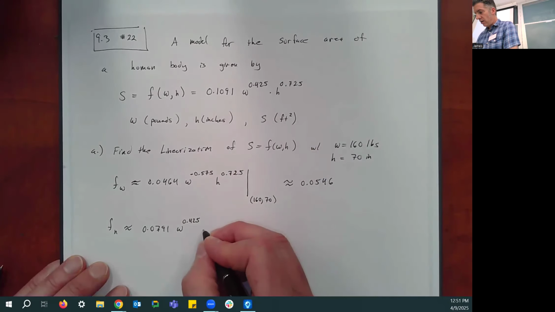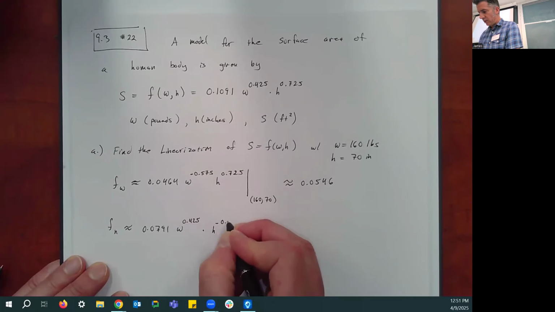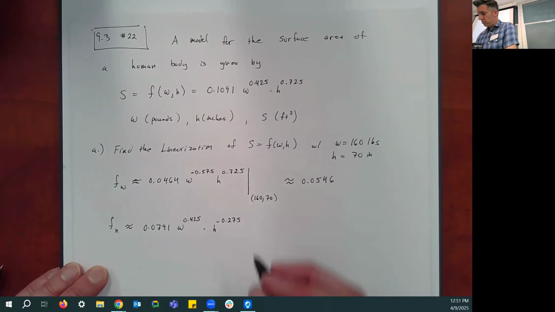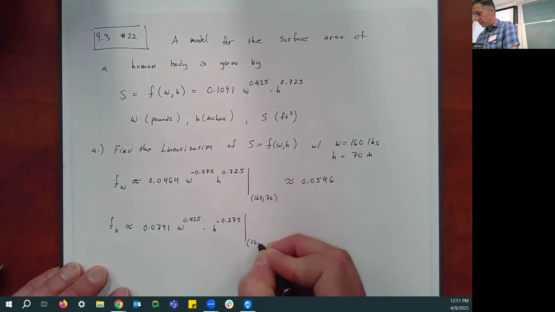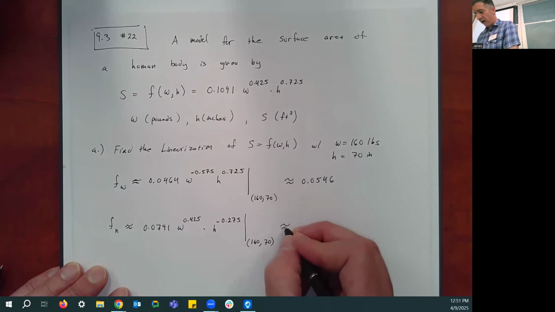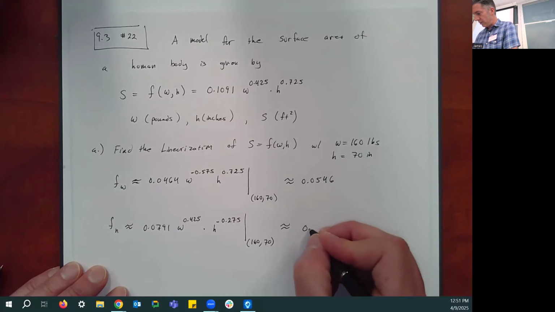And then H's power is going to be one less, H to the negative 0.275. Kind of terrible. Plugging in the same point, a weight of 160 pounds and a height of 70 inches, we get approximately 0.213.